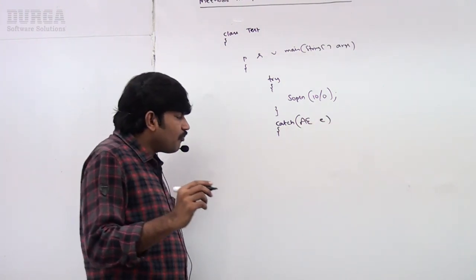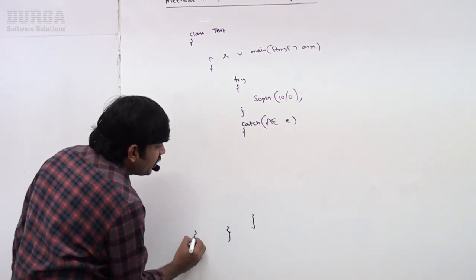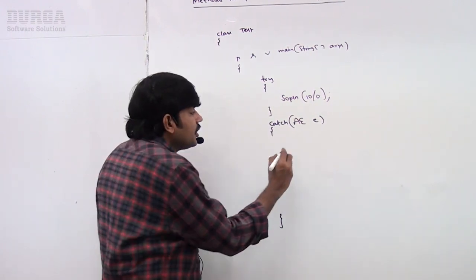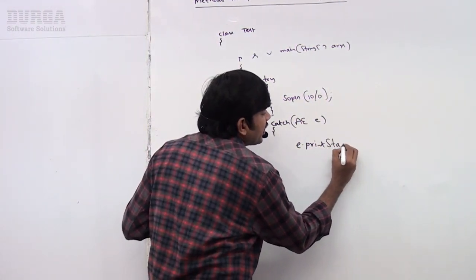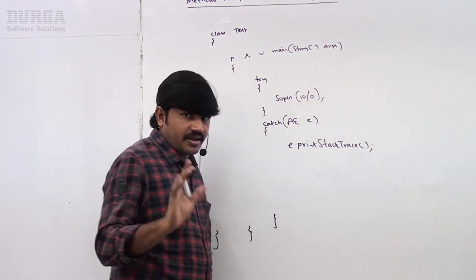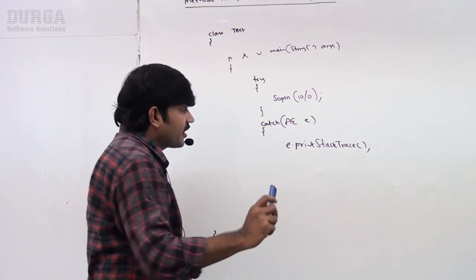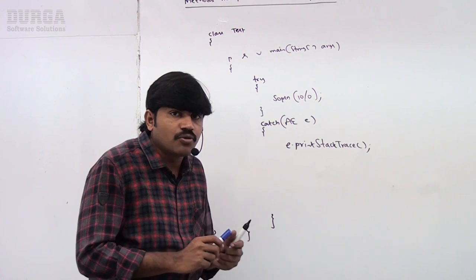What is the first way to print exception information to the console? e dot printStackTrace. This is the first way, sir. If you are using the printStackTrace method, how is the output going to be displayed?